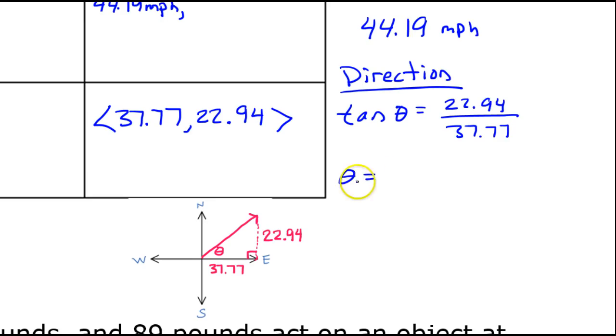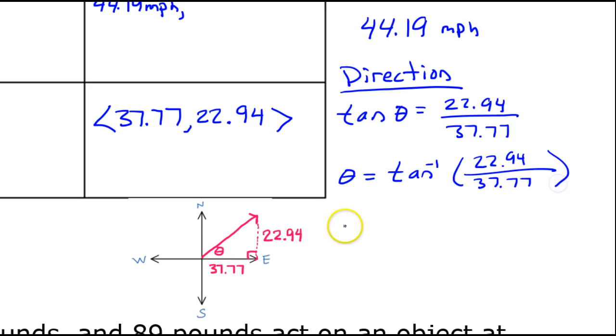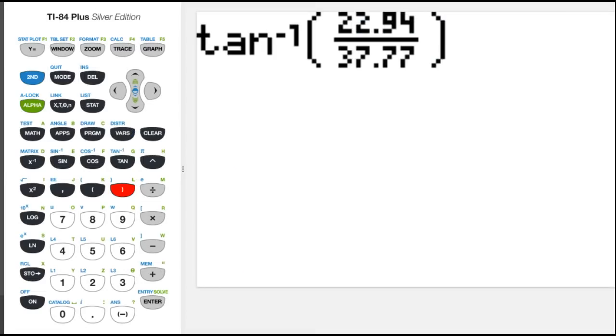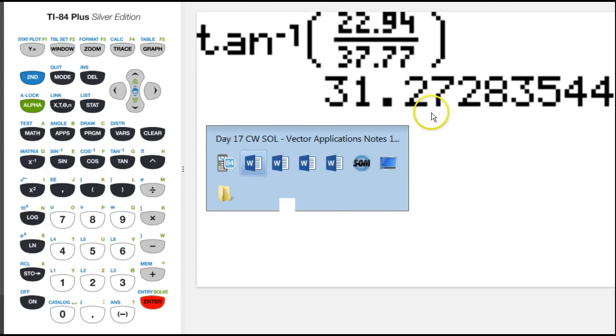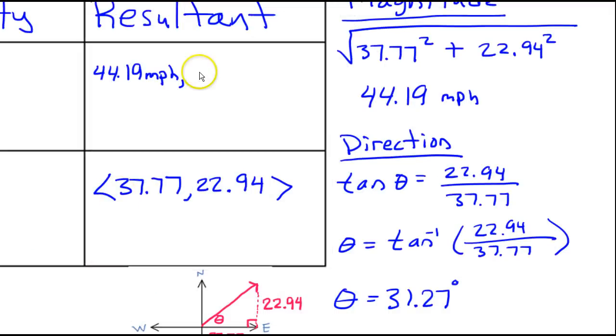Therefore, the angle, the direction, will equal the inverse tangent of 22.94 over 37.77. Just go ahead and put that in your calculator. And bam. That is 31.27 degrees. And we can go ahead and record that here on the chart, 31.27 degrees. So now we have the magnitude and the direction of the resultant vector.